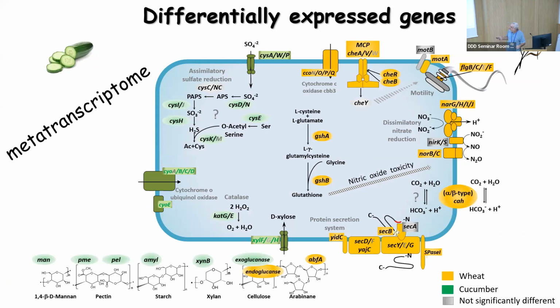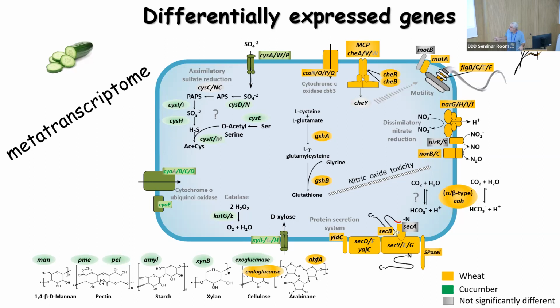And there are so many things that we still don't understand, and we probably will never understand, but by looking at the green enzymes of import and degradation of organic matter, we can understand that probably these are the kind of organic matter that the cucumber plants have or provide, while arabinase, for example, is almost surely a compound that is at a high level in the exudates of the wheat and not in the exudates of the cucumber.